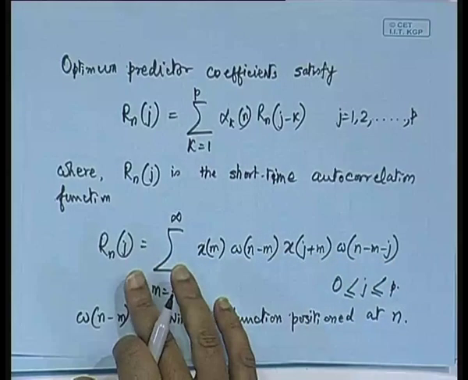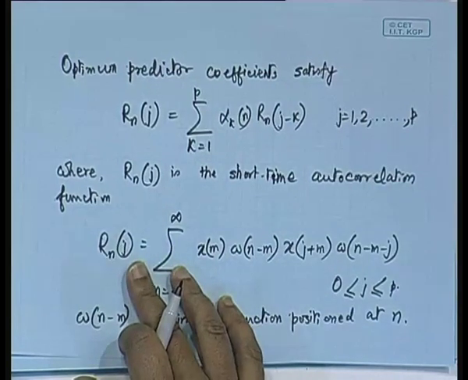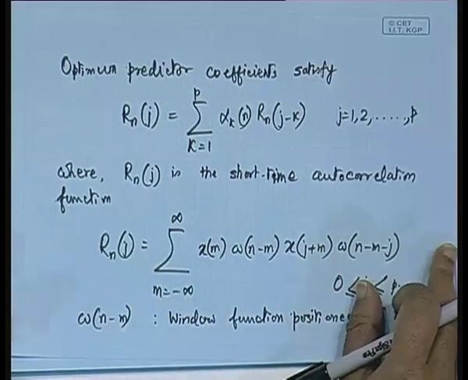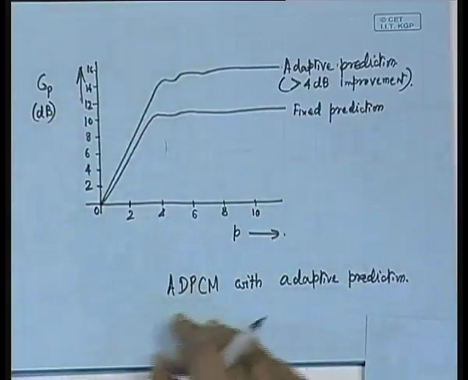Now, in the case of adaptive prediction, one makes use of the short time autocorrelation. For this short time autocorrelation R of j, we are always saying that j should be much smaller, because beyond p equal to 4 there is no significant improvement.